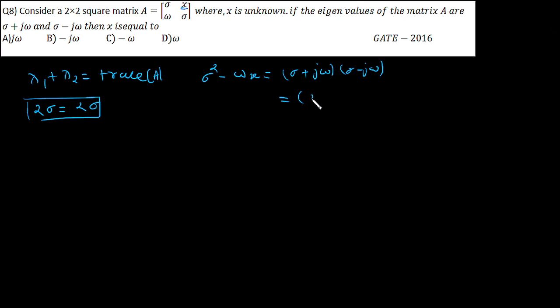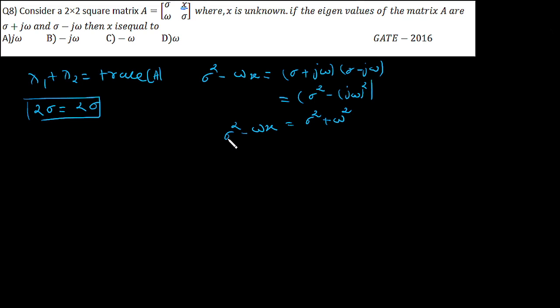So we are getting sigma square minus j omega square. Here j square will be minus 1, so we are getting plus omega square. On the left hand side we have sigma square minus omega into x.